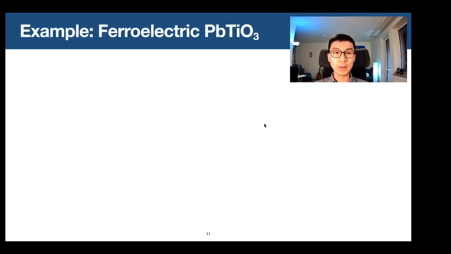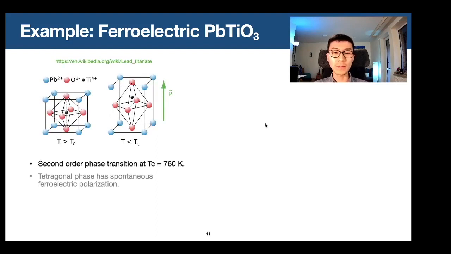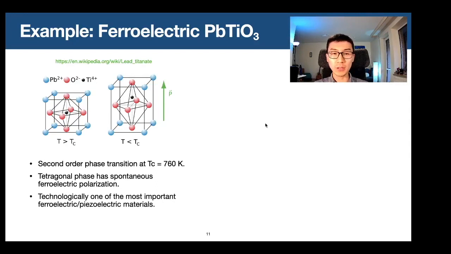One example that I'm going to deal with here is ferroelectric lead titanate. It is quite a popular material for its ferroelectric phase transition at very high Tc, and this is known to be one of the most important ferroelectric and piezoelectric materials for industrial application.